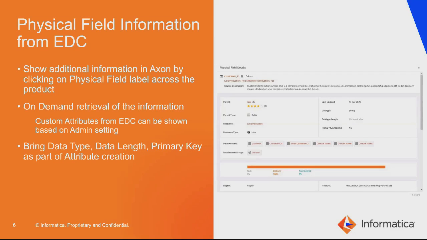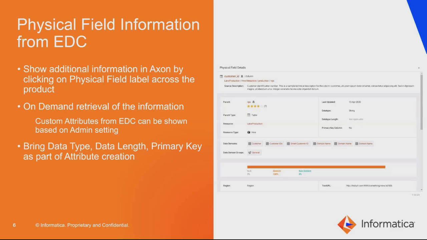What I'm saying is the name, your certification, your technical description, parent information, your data type and length and values, the domains associated, the breakup of null, distinct, and non-distinct values, even the custom attributes from EDC into Axon. And with this, it will significantly reduce the need for the Axon user to go into EDC and to see some of this information.